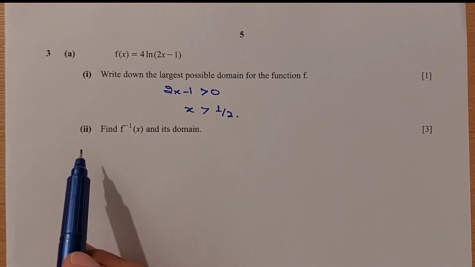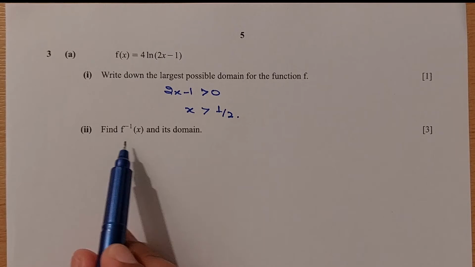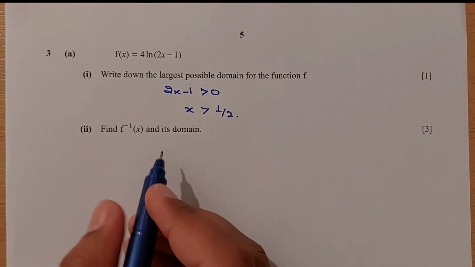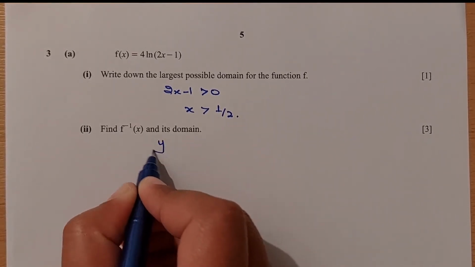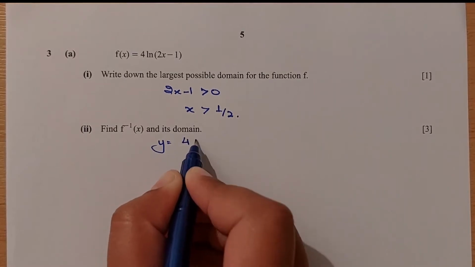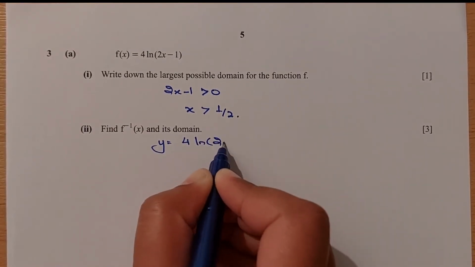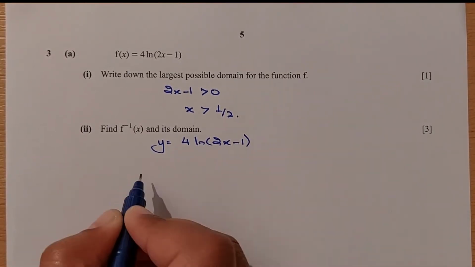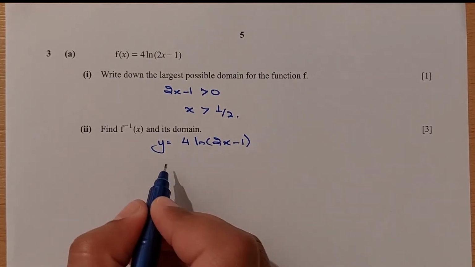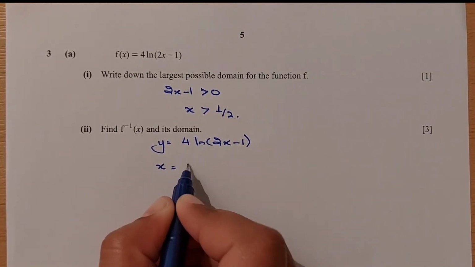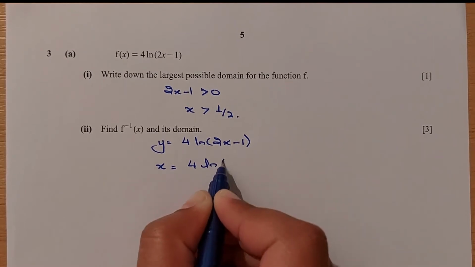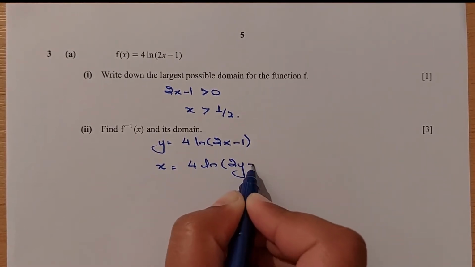Right. Second part, find f inverse and its domain. So we have a function y equals 4 ln(2x - 1). Now we need to switch the variables. This is going to be x equals 4 ln(2y - 1).